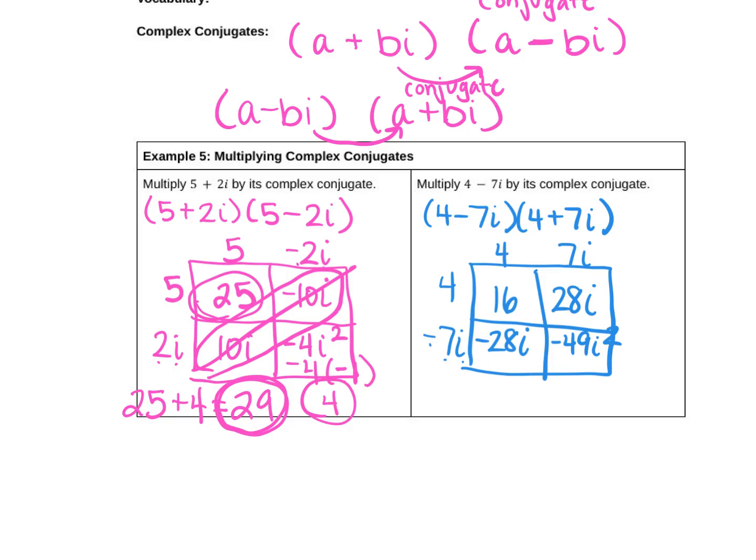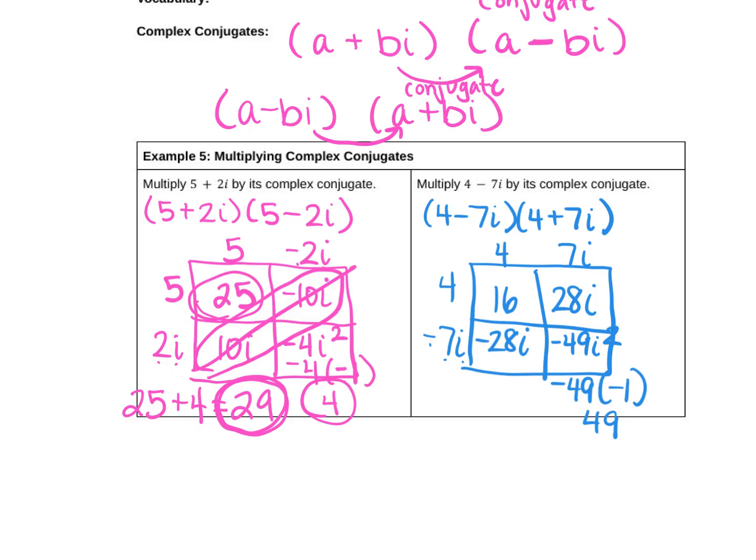And then i squared, what's that going to turn into? That's our definition, and I'm going to show you. What we'll do is replace i squared with that negative 1. So what's going to happen to that? Negative 49 times negative 1? Positive 49, that's right.